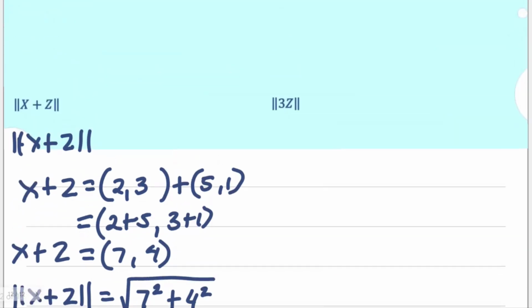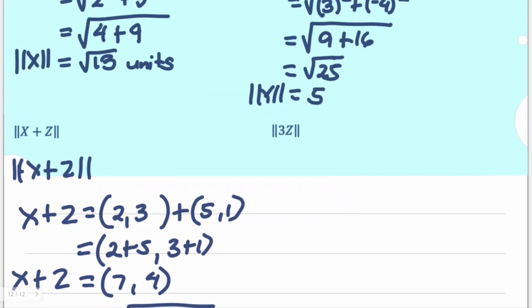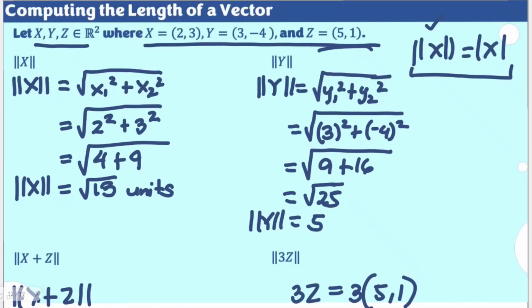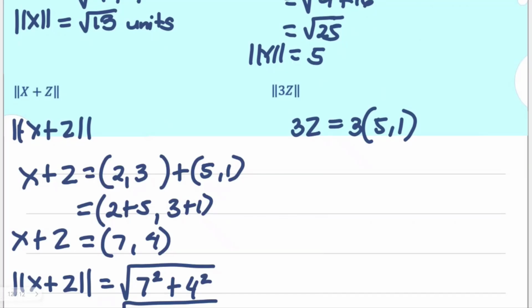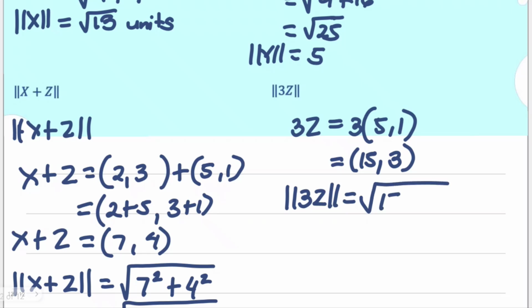Now, let's proceed to the last one. I'll be showing you two methods here. The first method is, of course, if you would like to start with 3z first, that's scalar multiplication of your z, which is 5 and 1. So you will get 15 and 3, right? If you're going to solve for the length of the resulting vector, it is 15 squared plus 3 squared.